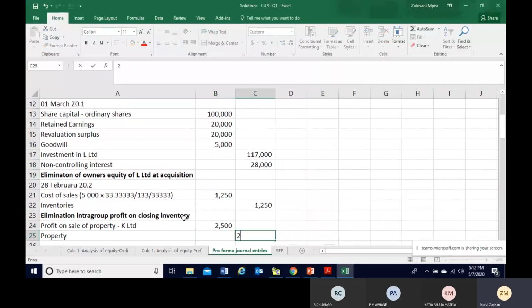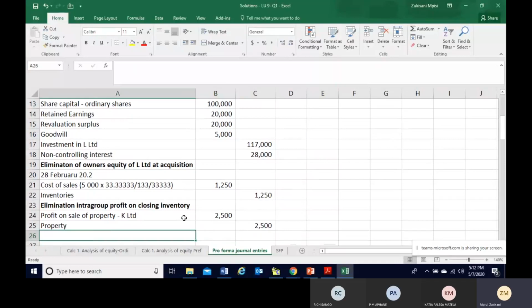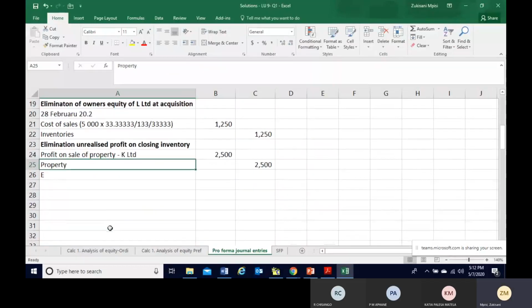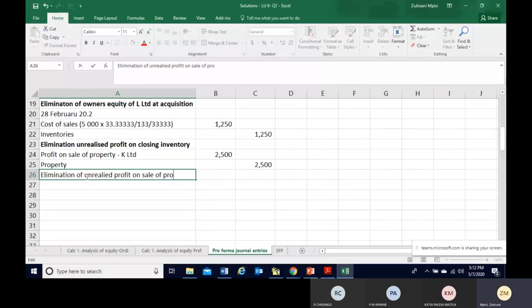So we first deal with the property. And this is elimination of unrealized profit on sale of property.